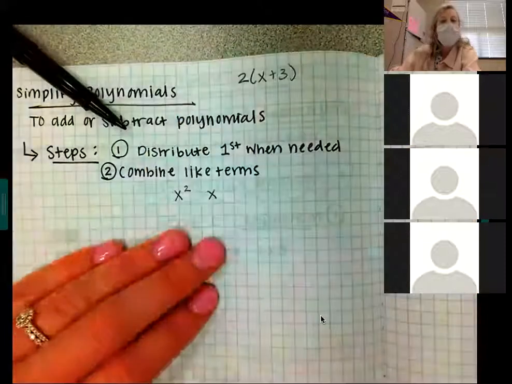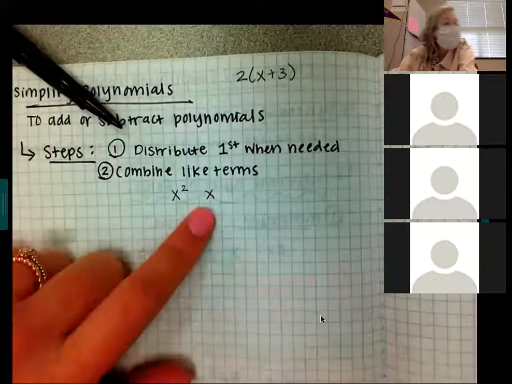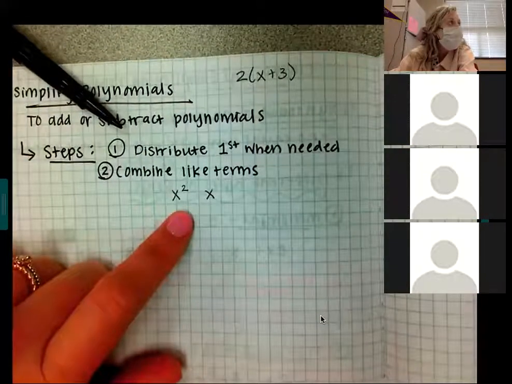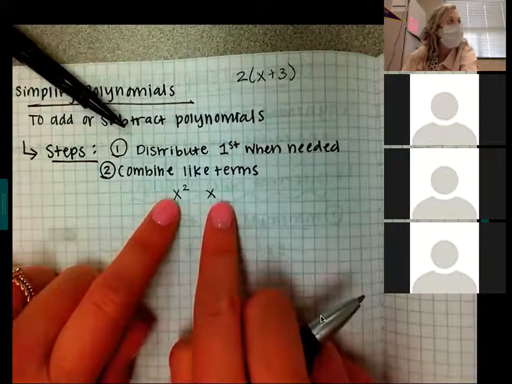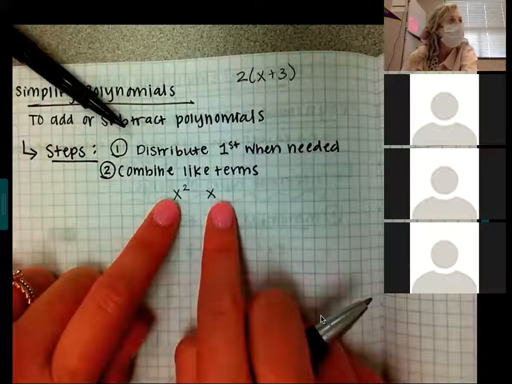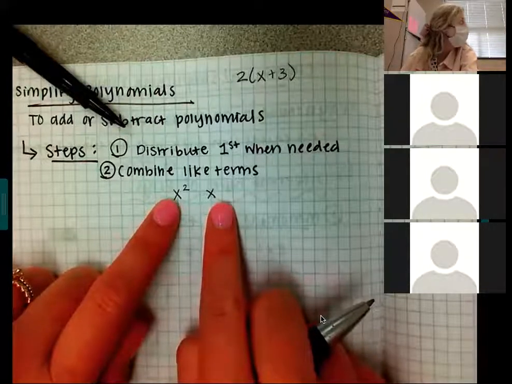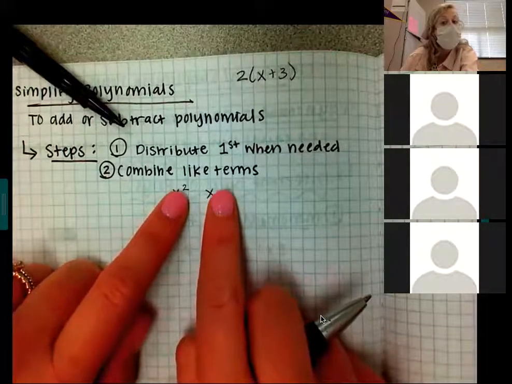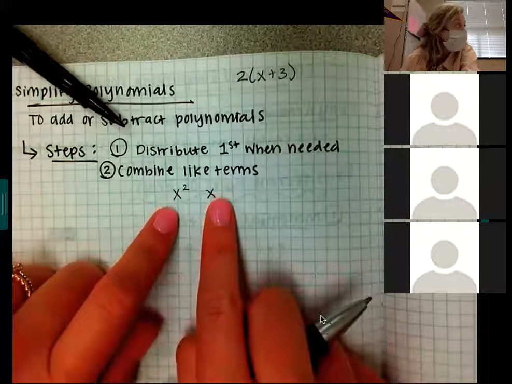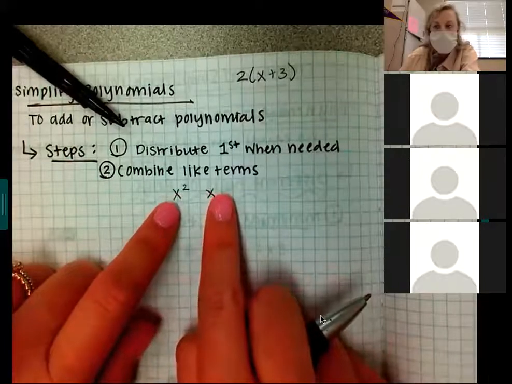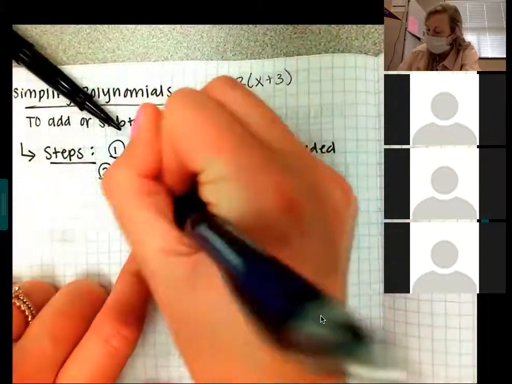I want you to look. So x, they both have an x. I do agree. So think about dogs. That's like this one being a Rottweiler and this one being a Chihuahua. Would you ever put those 2 types of dogs together? No. That's asking for trouble. If the exponents are different, they are not exactly the same. Do y'all agree? They got to be exactly the same to go together. So these are not like terms, okay?